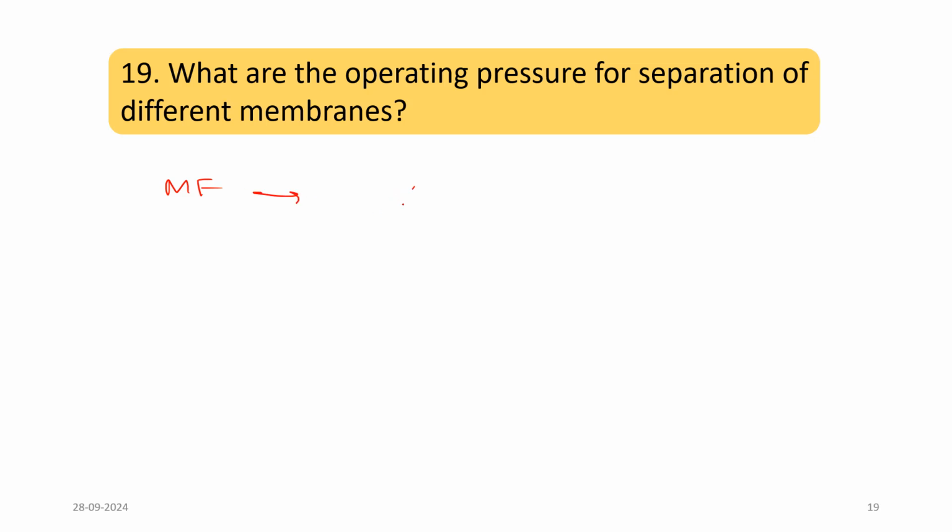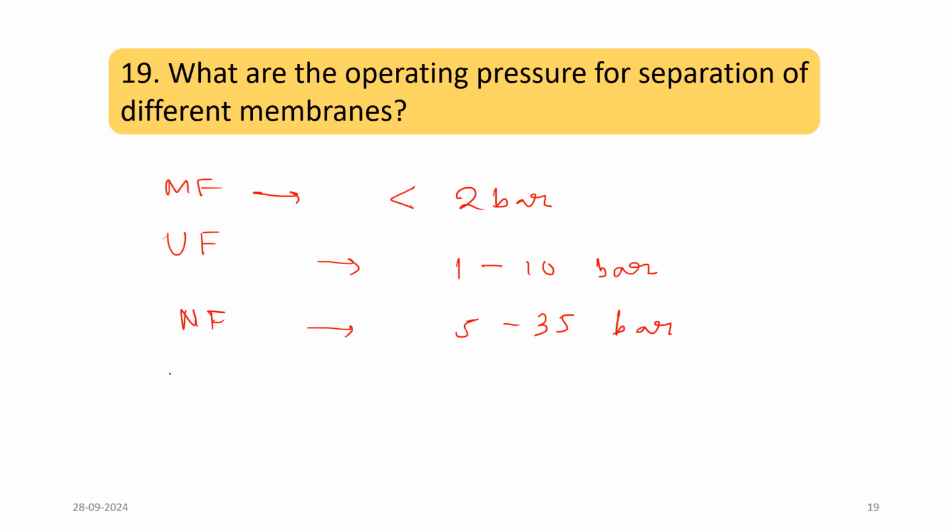For nanofiltration, it is 5 to 35 bar. And for reverse osmosis, it is 10 to 70 bar. That means the smaller the particle size they handle, the more the pressure difference increases.